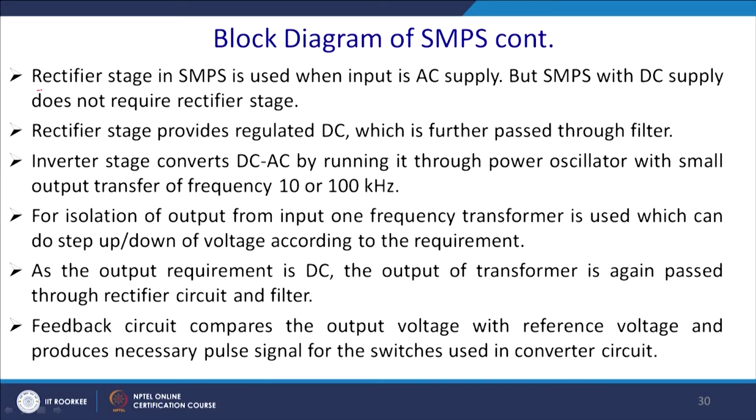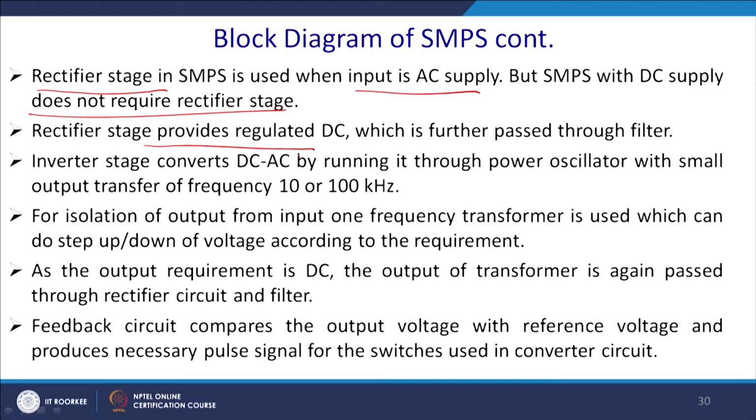The rectifier stage in SMPS is used when the input is AC supply, but SMPS with a DC supply does not require a rectifier stage. So, you can have a huge variation of your input. The rectifier stage provides a DC which is further processed by the filter.